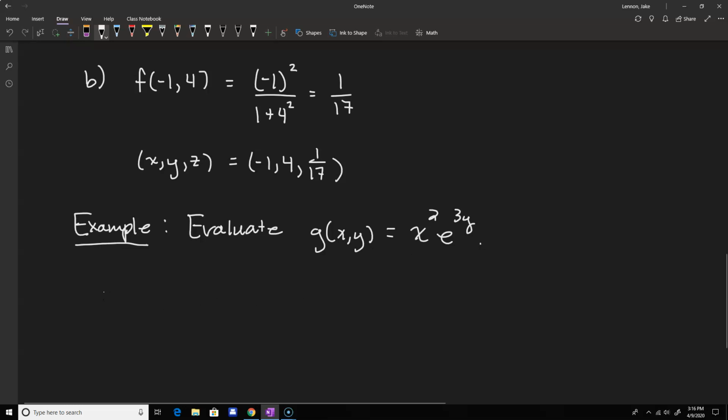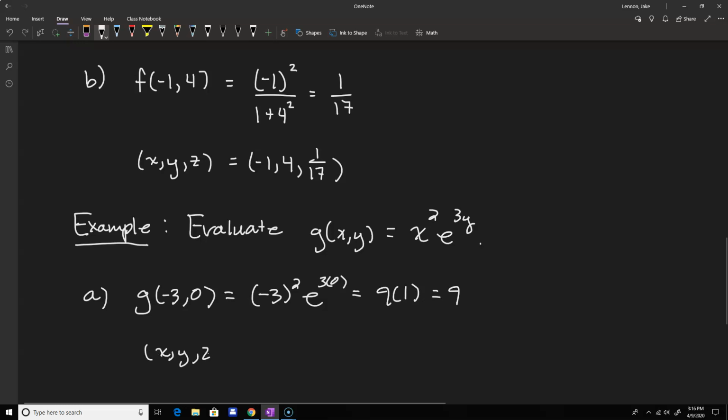So we have a, we want to evaluate g of -3, 0. So plug in -3 for x, we get (-3) squared times e to the 3 times 0. Well, that ends up as 9 times 1, which is just 9. So our ordered triple here, x, y, z, is -3, 0, 9.